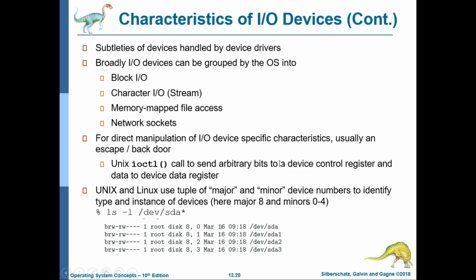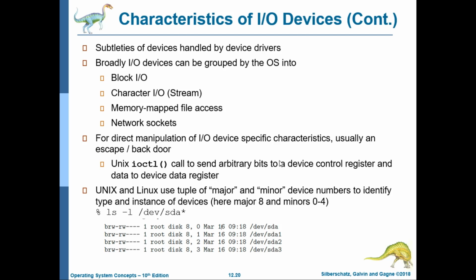Okay, next, let's continue. Again, characteristics of I/O devices. The subtleties of devices are handled by device drivers. Broadly, I/O devices can be grouped by the OS into block I/O, character I/O or stream, memory-mapped file access, and network sockets.